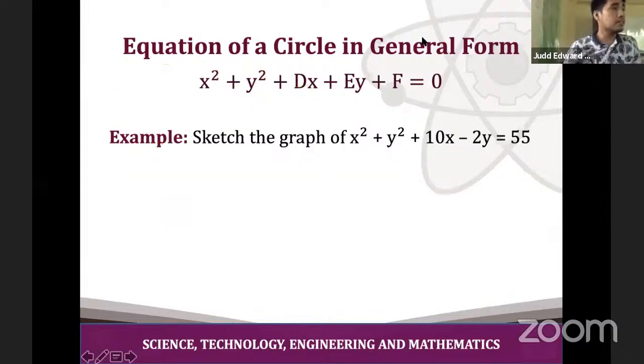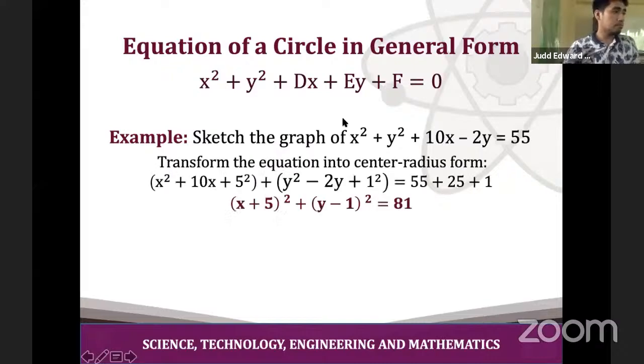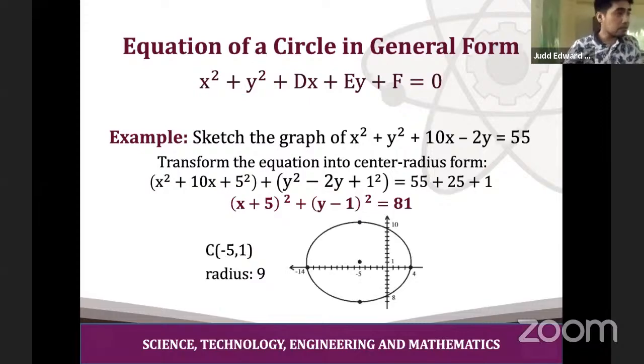So this is the sketch of the graph. Let us first try to graph or plot the center. So the center is located at negative 5 and 1. Andito siya. Yan yung center natin. And then sabi yung radius daw ay 9. So from the center, kailangan pupunta ka ng kanan ng 9 units at pupunta ka sa kaliwa ng 9 units.